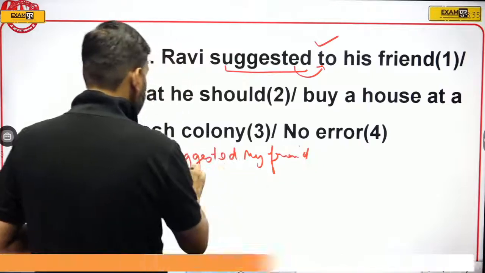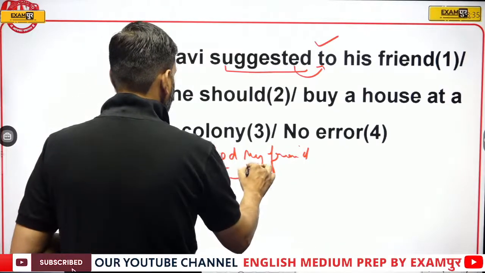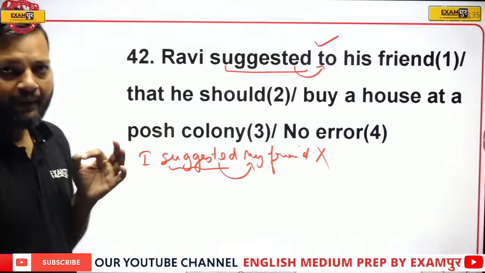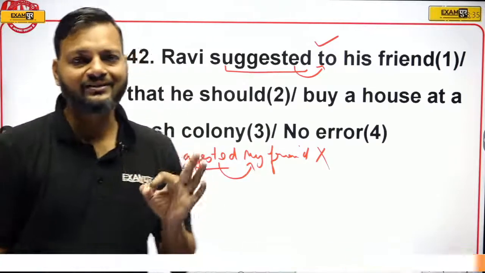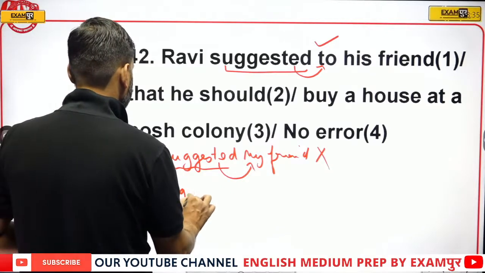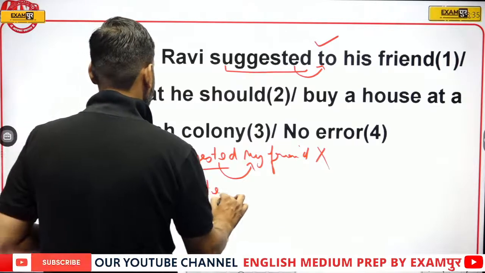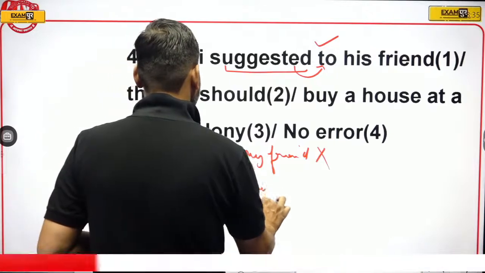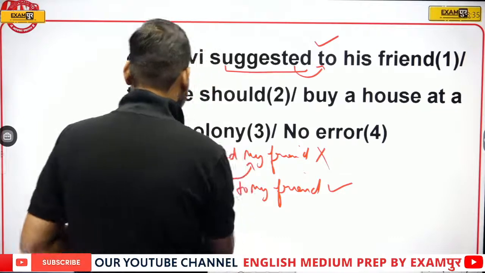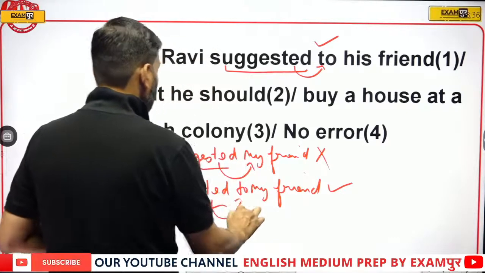The word suggested cannot be followed by an object. This is wrong. You have to use the preposition to after suggested. I suggested to my friend is right.